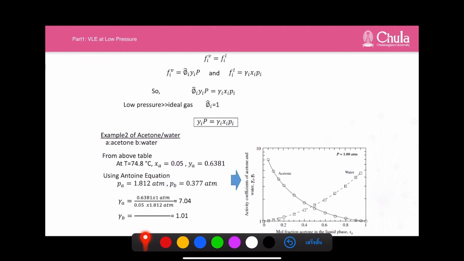You know that for thermodynamics, previously we derived that, you learned that at equilibrium, the fugacity of the same component, let's say component i, the fugacity of component i in vapor phase must be equal to the fugacity of component i in liquid phase.